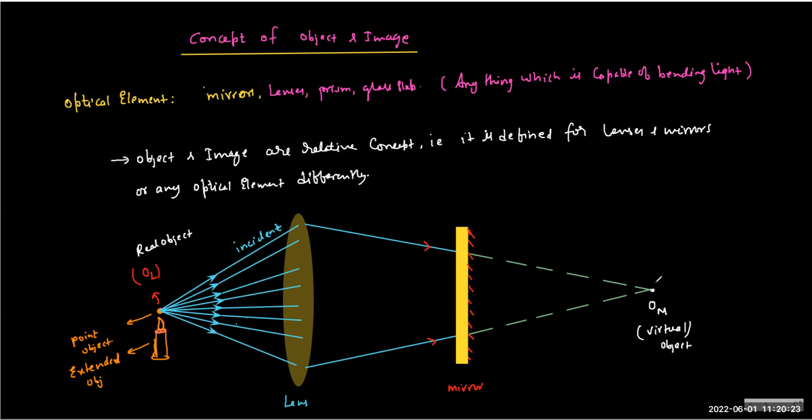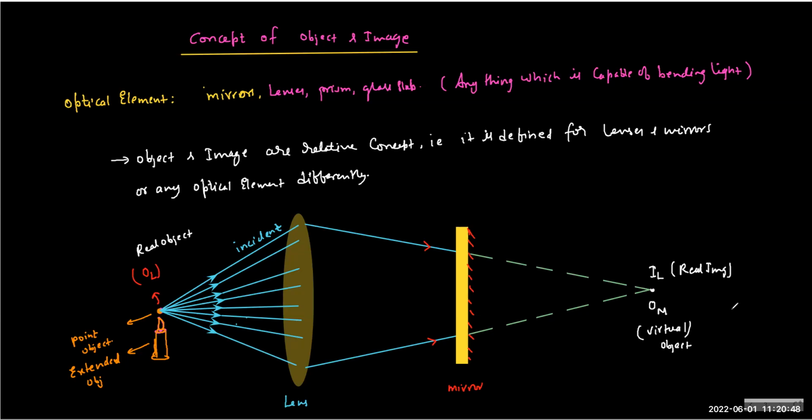So for the lens, if you follow the refracted light, is it going to meet somewhere? Yes. So this is the actual meeting. This is called the image of the lens. And which image? The real image.